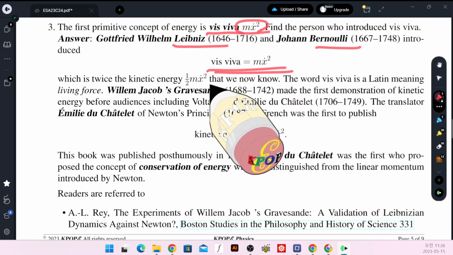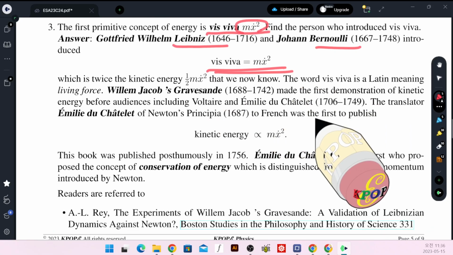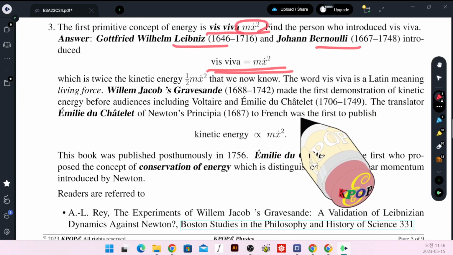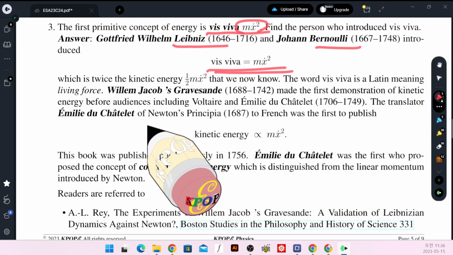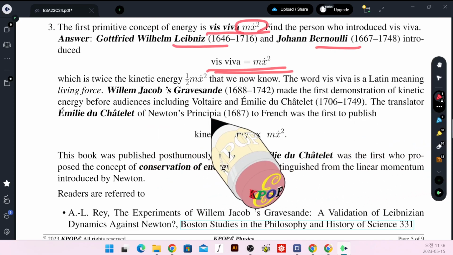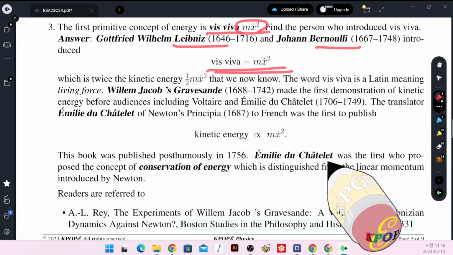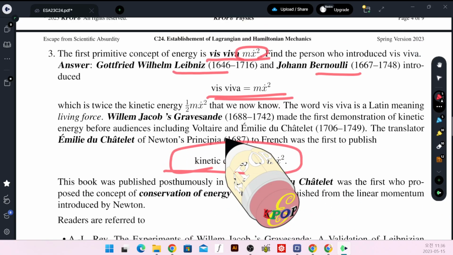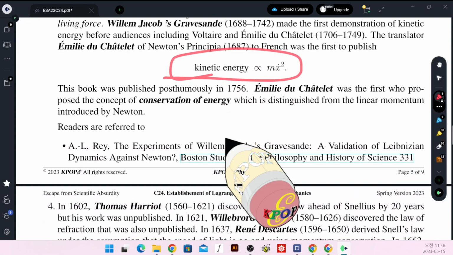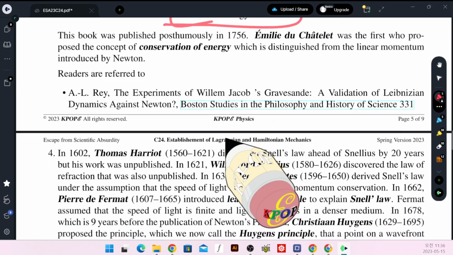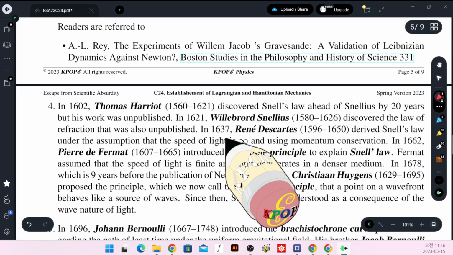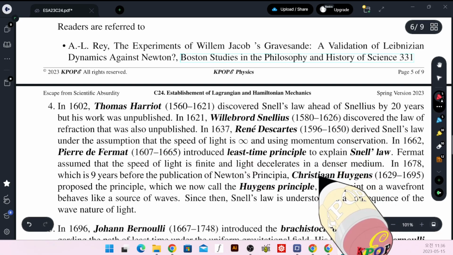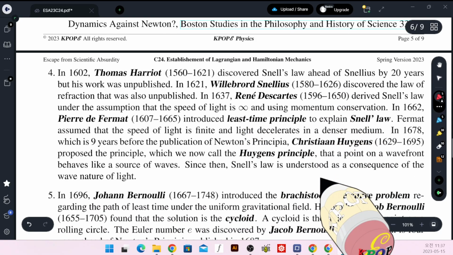Finally, it was experimentally tested, and Émile du Châtelet, who translated Newton's Principia into French, was able to publish this result that kinetic energy is proportional to mass times velocity squared. Why don't you read it through for more details about the development of the concept of energy.